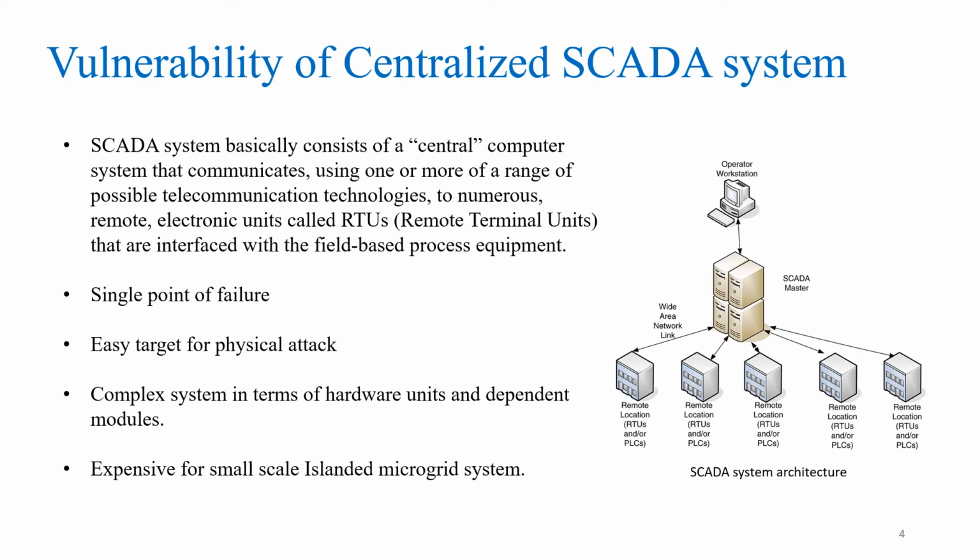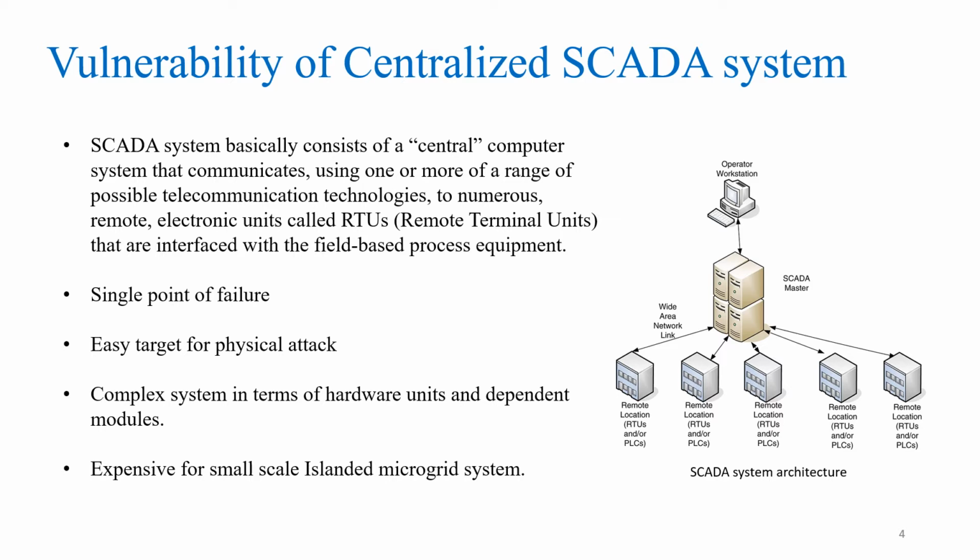Another problem is that it is an easy target for physical attack. Anyone who has access to this physical system can also cause any kind of disturbances to this system. It is also very complex for the operators, which brings many concerns as well.